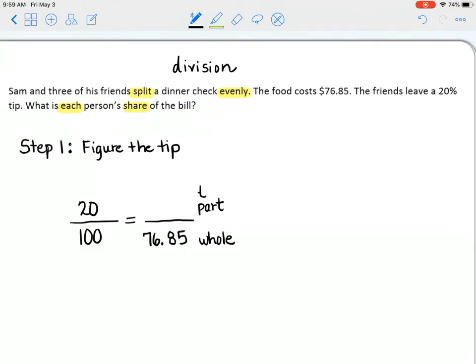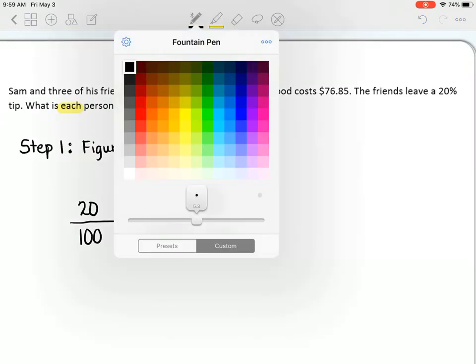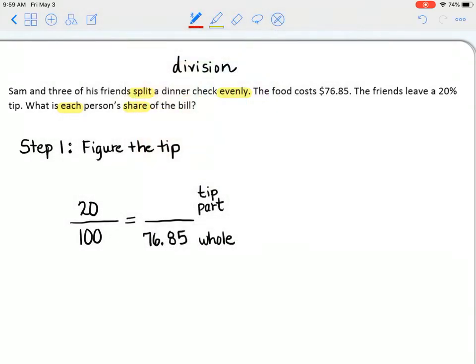So we're going to calculate the tip like we did in the last video, or however you're doing percents. So I'm going to draw the peanut, and we know that we always multiply the peanut. So with your calculator, again, these are the keystrokes.